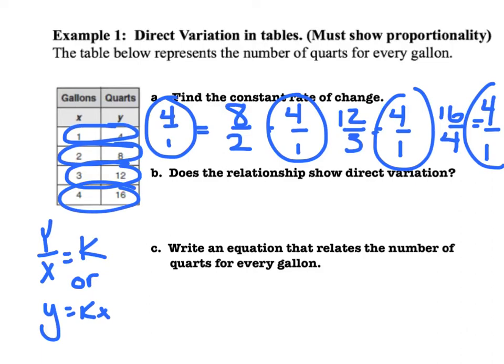So does this relationship show direct variation? Yes, it does. Write an equation that relates the number of quarts to every gallon, where y is equal to our constant of variation, 4, times x. So in each of these cases, 1 times 4 is equal to 4, 2 times 4 is equal to 8, 3 times 4 is equal to 12, and 4 times 4 is equal to 16.